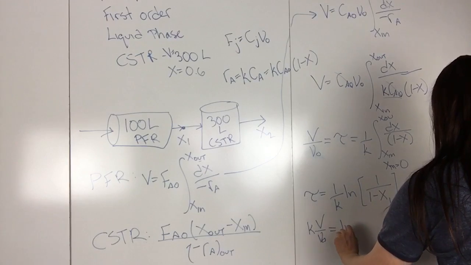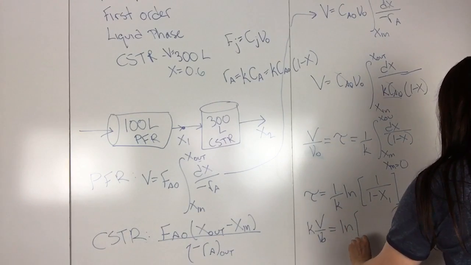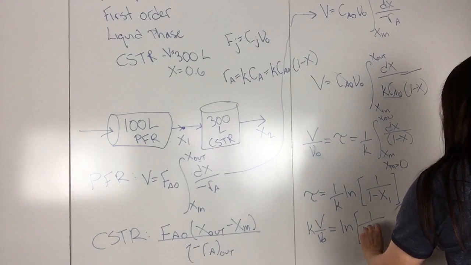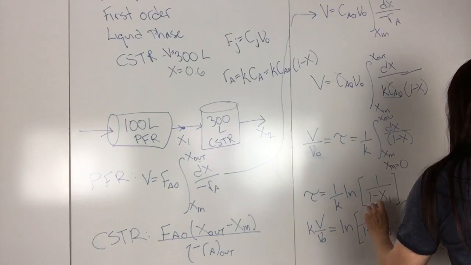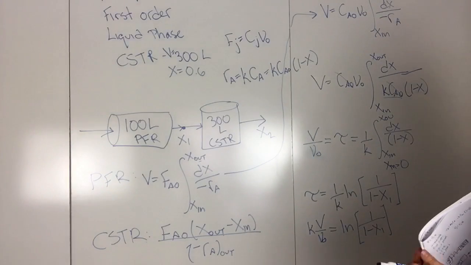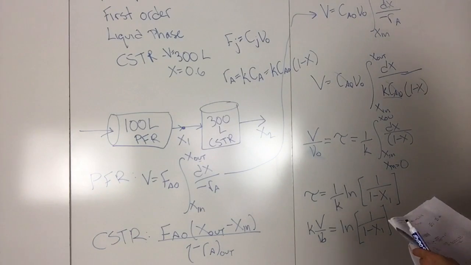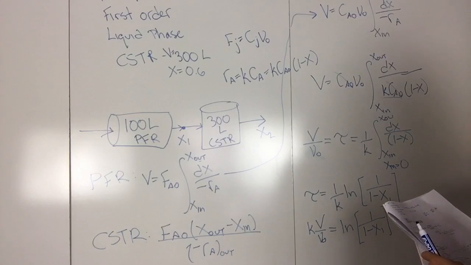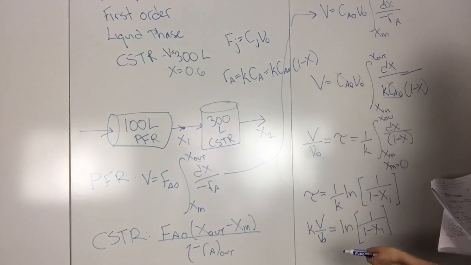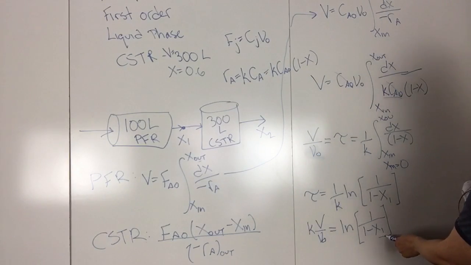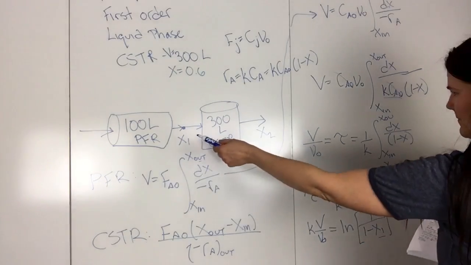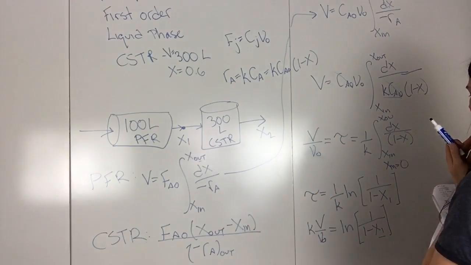And then this is equal to the natural log of 1 over 1 minus x1. And so we need to solve for x1. We know the volume, but we don't necessarily know those.